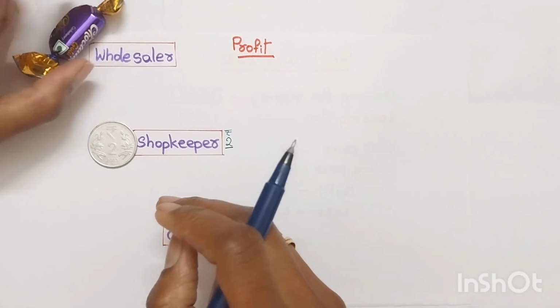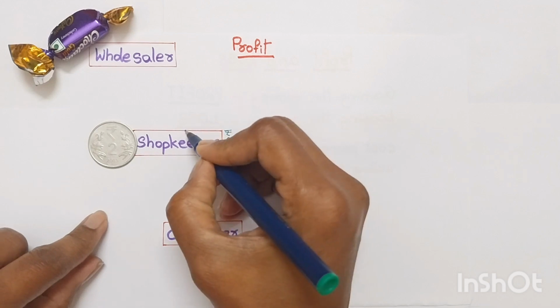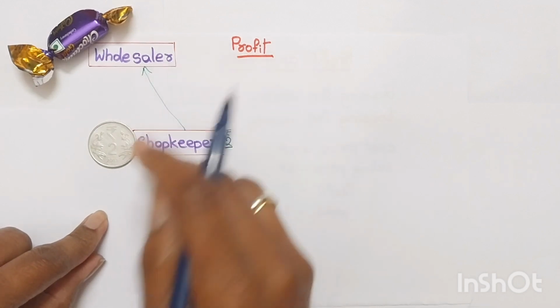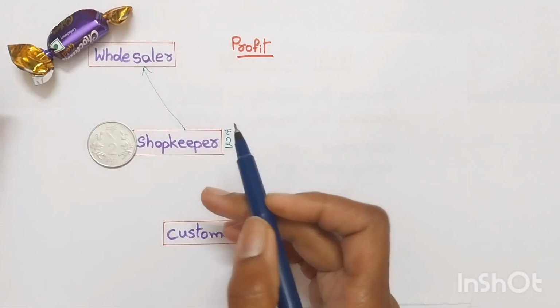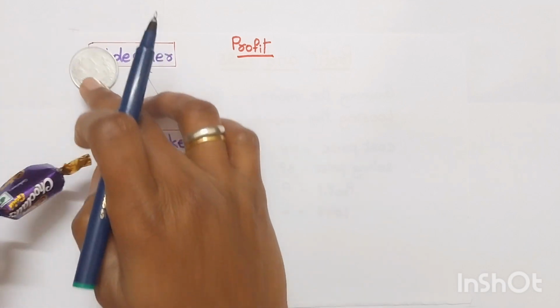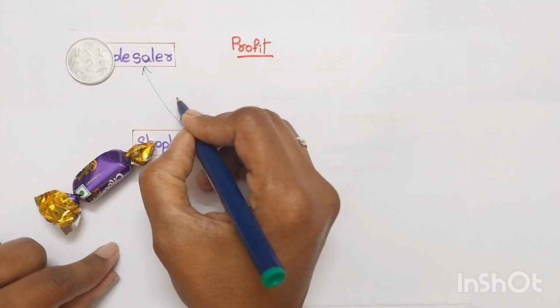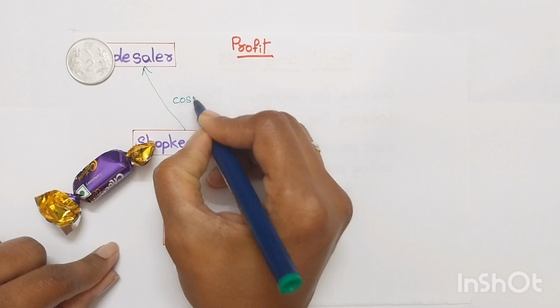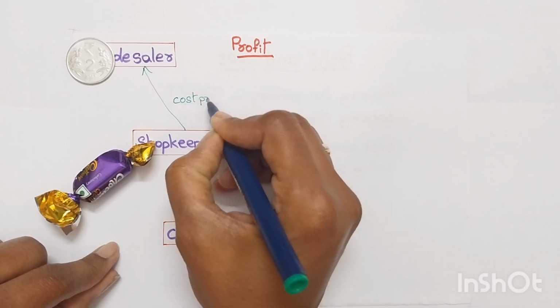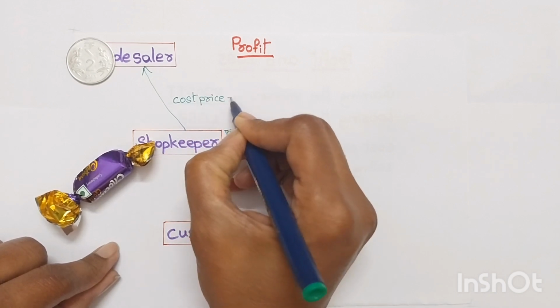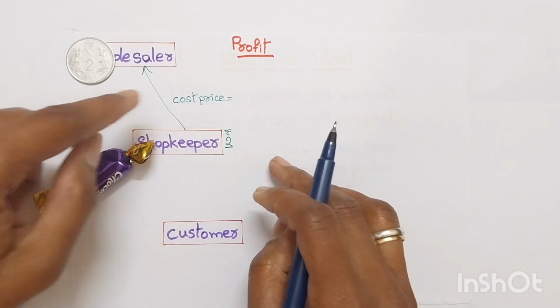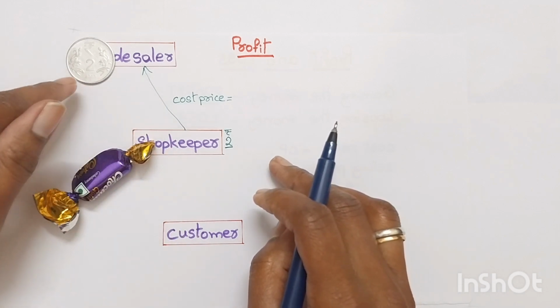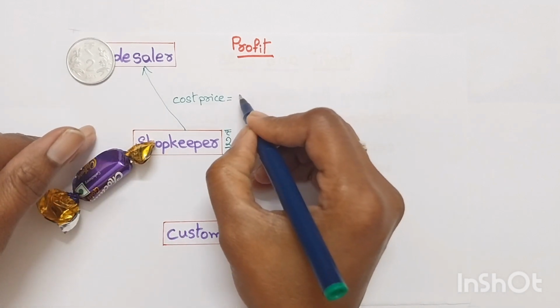What he did, he went to the wholesaler and bought chocolate for 2 rupees. So the cost price, how much he spent, is 2 rupees.